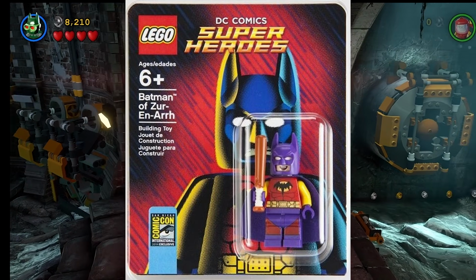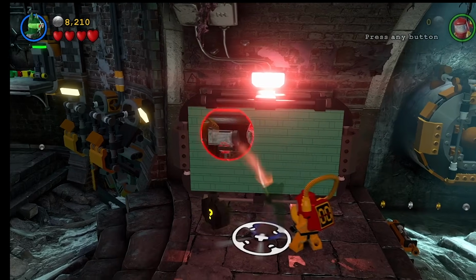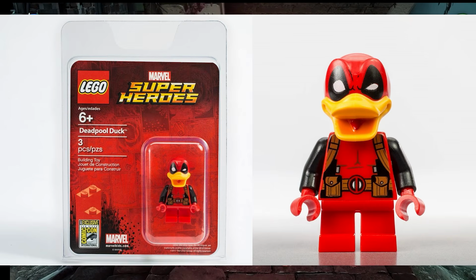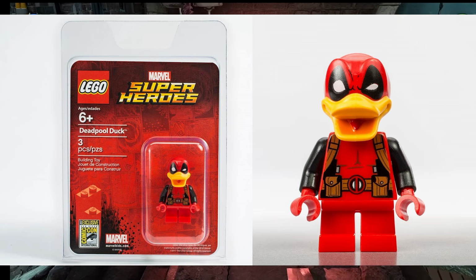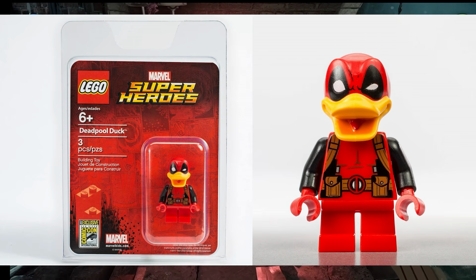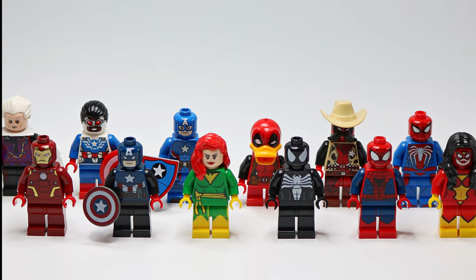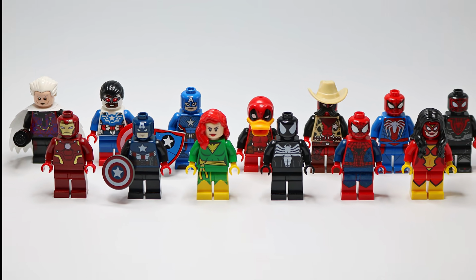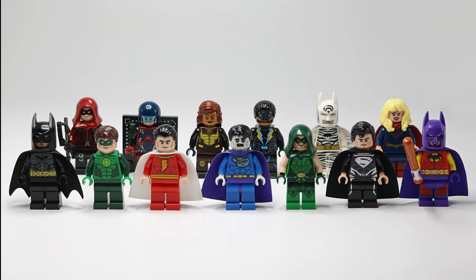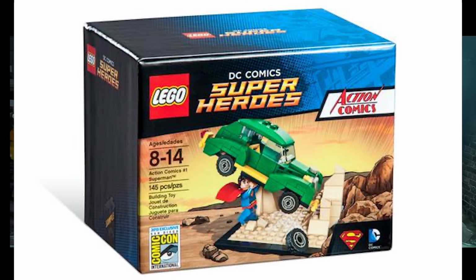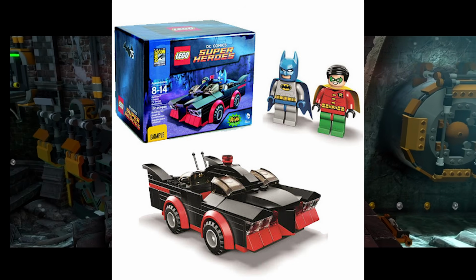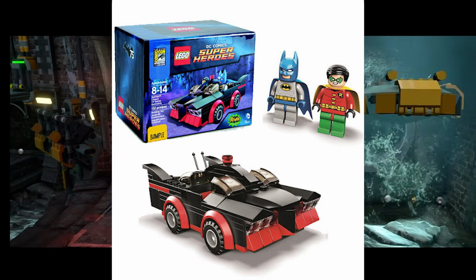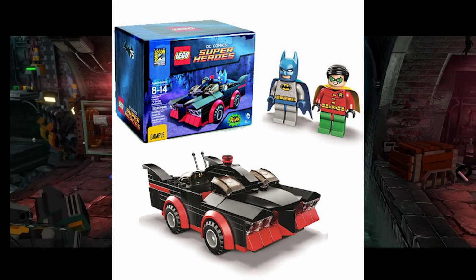This makes quite a few people upset, as you can imagine, childhood me included, because in order to get a very cool exclusive minifigure or set, you would often need to be randomly selected in a raffle, and in a lot of these instances, only about 250 people would end up actually winning the raffle and getting one of these minifigures. LEGO has also sold sets based on various superhero things, like Superman's first appearance in Action Comics, and as you can imagine, these very exclusive sets have a lot of demand and just a ridiculous price tag on the aftermarket.